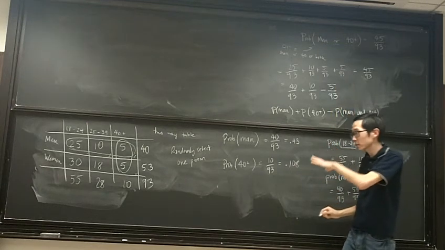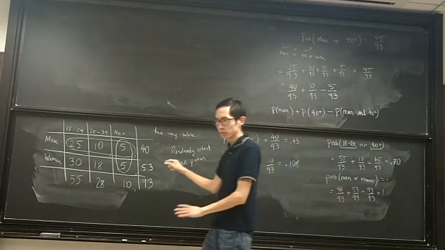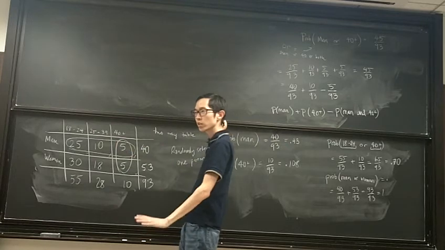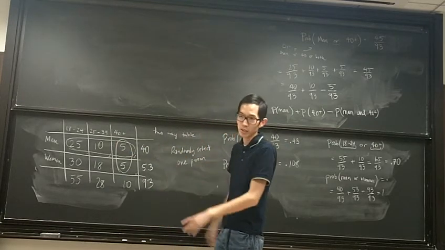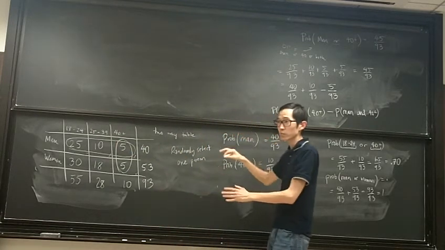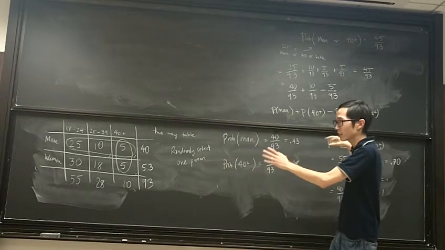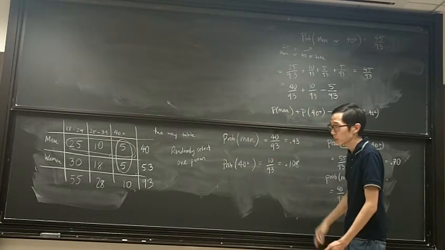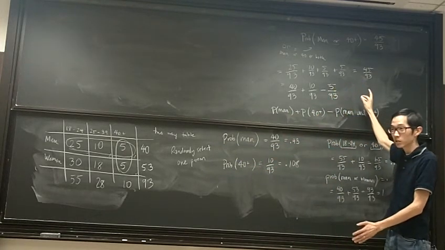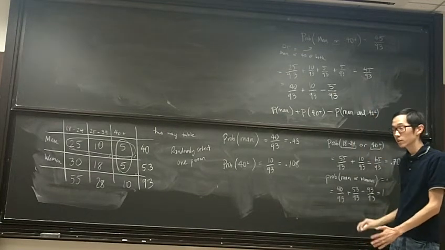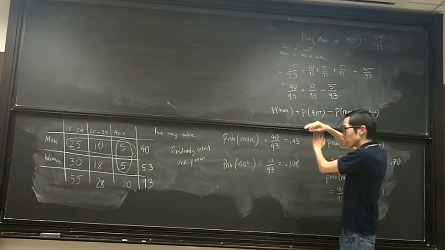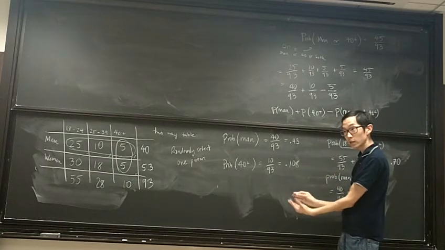Now it seems silly to do it this way, but sometimes your table is huge. And it's like, oh man, I'm going to have to add up like 80 numbers because I've got 70 columns and 10 rows or something like that. Sometimes it's easy to miss the column that we want, so sometimes it's easier just to add up the entire row total or the column total.